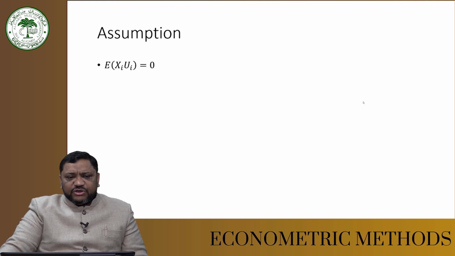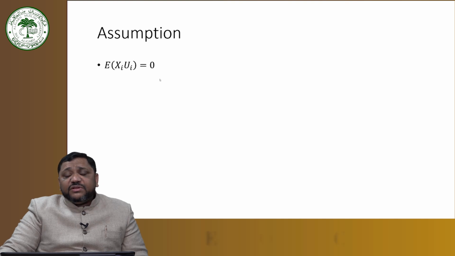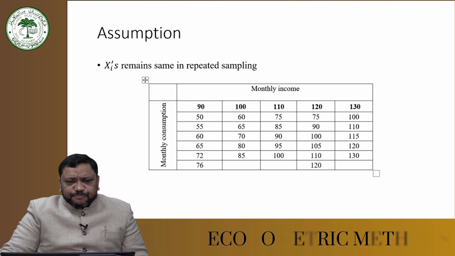This assumption is automatically accepted because xi has a set of given systematic values and ui is a random variable. So the disturbance term here is not correlated with the explanatory variables. As such, you can also say that the u's and the x's do not tend to vary together, or that the covariance between these two is equal to 0.